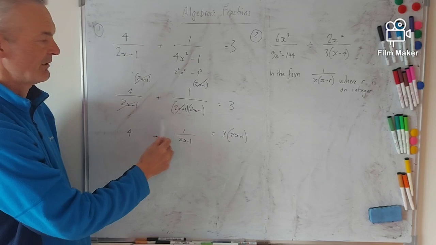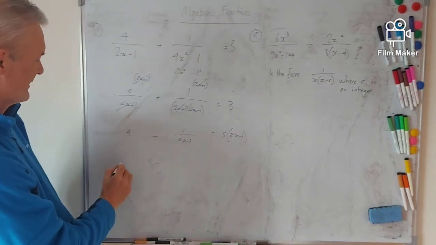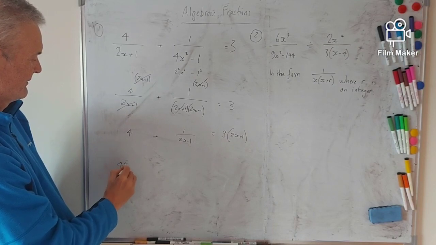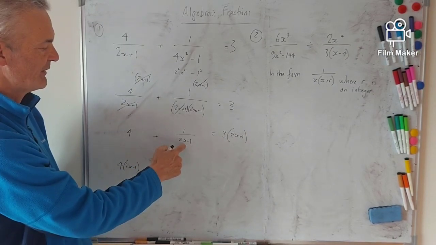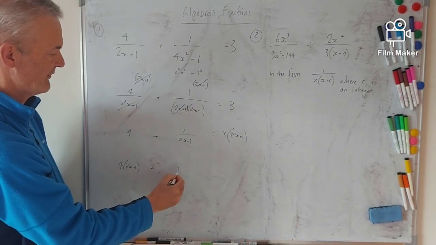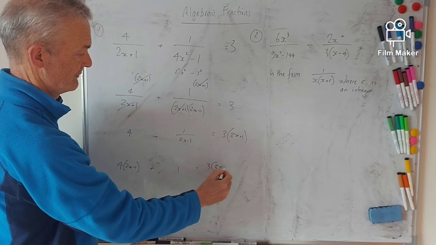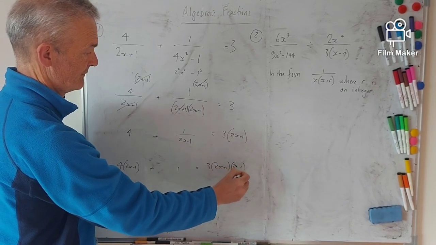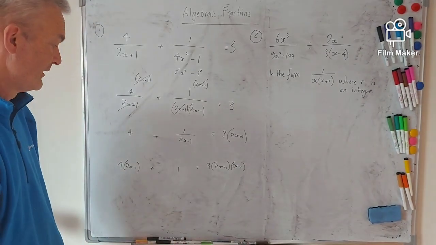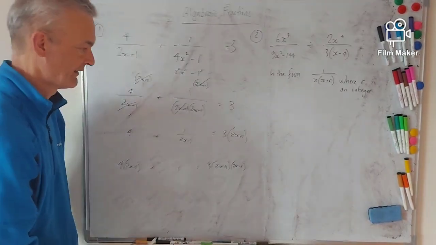And then we're going to multiply through by 2x minus 1. When we multiply through by 2x minus 1 here, we're going to be left with 1. Like so. So now we've cleared the fractions and we can begin simplifying this.